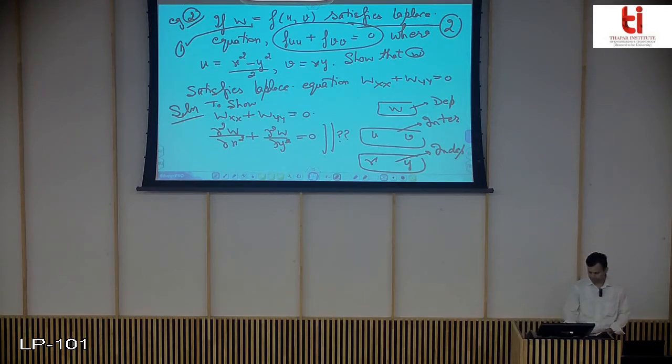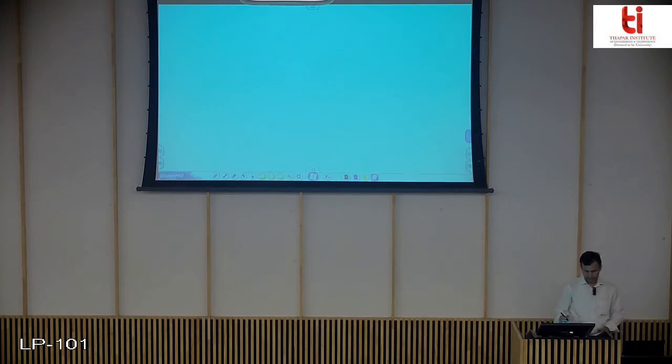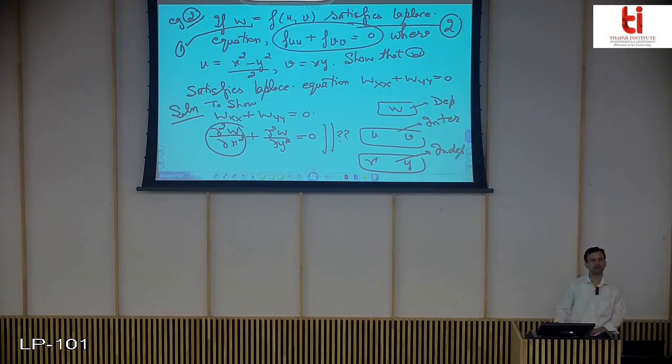So let us now differentiate first w with respect to x, because we have to find the double derivative of w with respect to x, so we have to start with the first derivative. Similarly for the double derivative of w with respect to y, we first start with the first derivative. So w is a function of u and v, which are again functions of x and y, and here we are taking x. So by chain rule, it is del w by del u times del u by del x plus del w by del v times del v by del x.